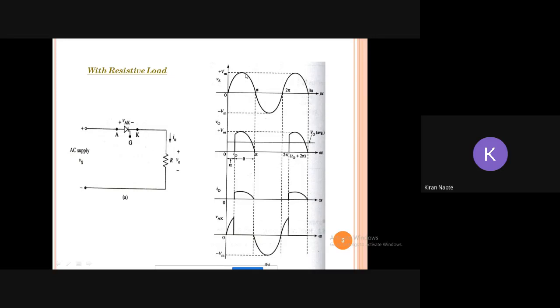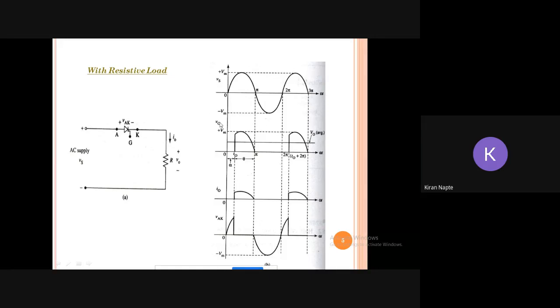This is the maximum voltage. Every time you must keep in mind Vm, minus Vm, Vs, 0, pi, 2 pi, 3 pi, omega t. Look at this, omega t is on the horizontal axis, because it is the graphical representation of voltage against omega t. All these notations must be there on the waveform.